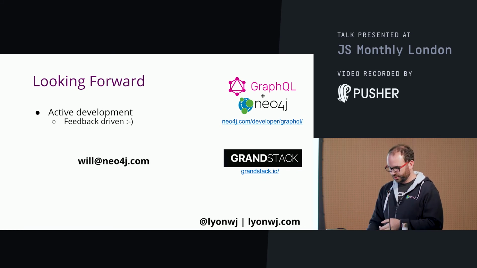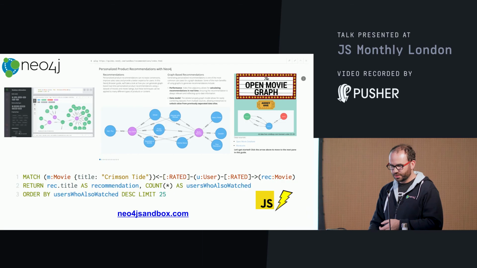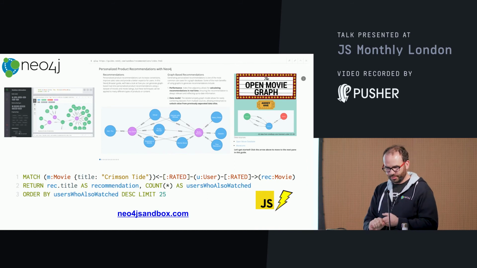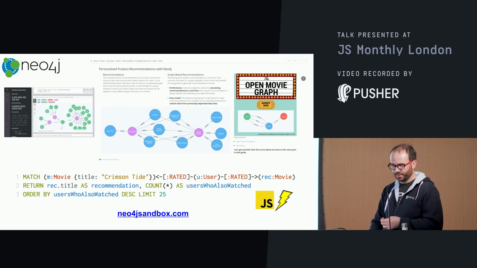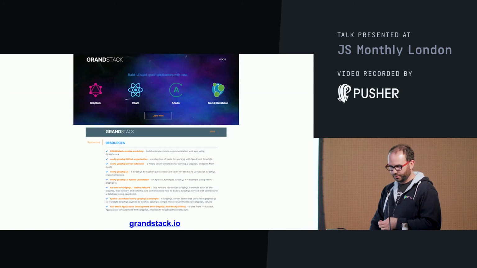cool applications. So I'll mention just a couple of resources. The Neo4j sandbox, which I mentioned before, is a great way to get started with Neo4j. It has this data set for movies and movie recommendations that power the movie app that I didn't really talk about, but has other data sets as well that are really fun.